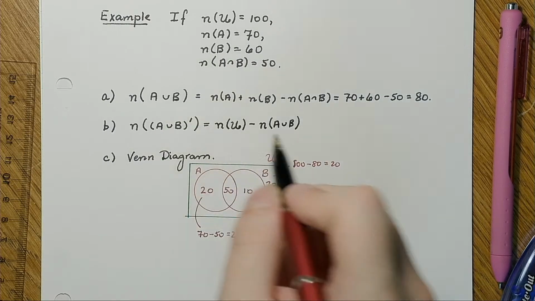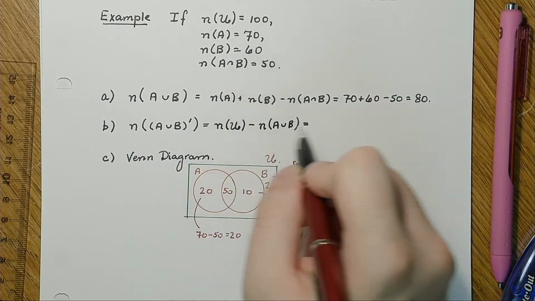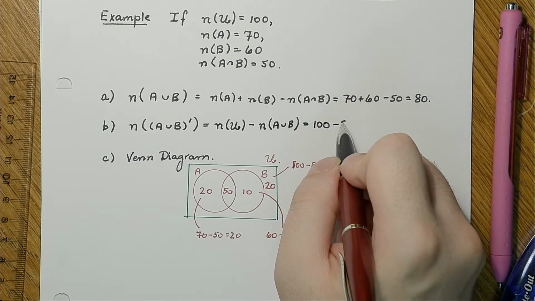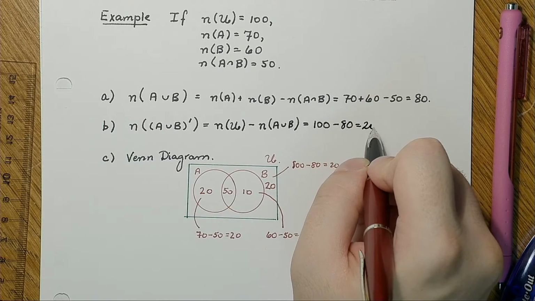So it's the total of the universal set, which was 100, minus 80, which gives us 20.